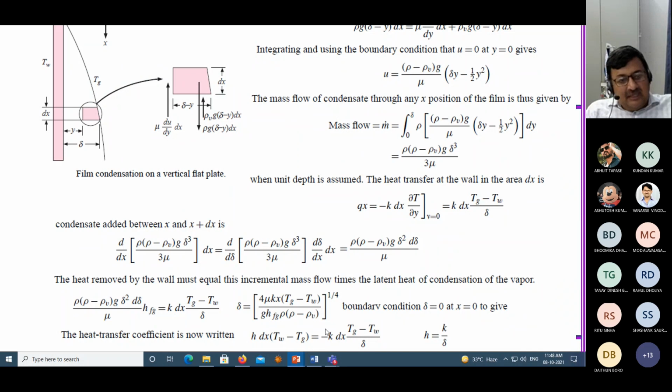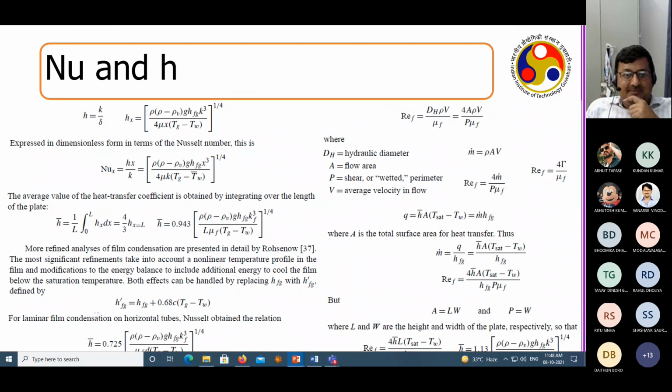When it is condensing and then flowing out, it is convecting some amount of heat. So I can again balance the conduction that is coming to the rate of heat transfer towards the convection. If I do that balance, I get h equal to K by delta, right? Now, K I know, delta I have already calculated. From there, I can get the heat transfer coefficient. That is the whole purpose.